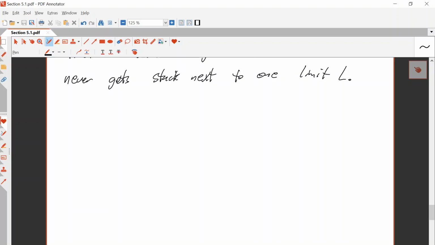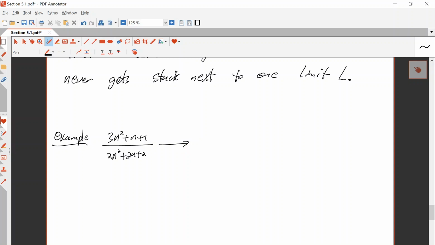Let's see. So, for example, (3n^2 + n + 1)/(2n^2 + 2n + 2), well, that converges where?